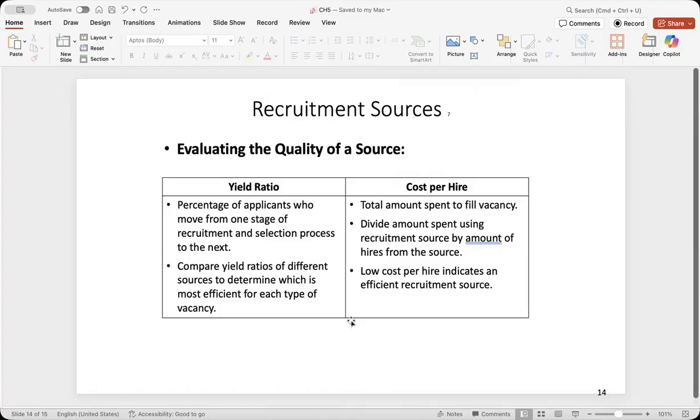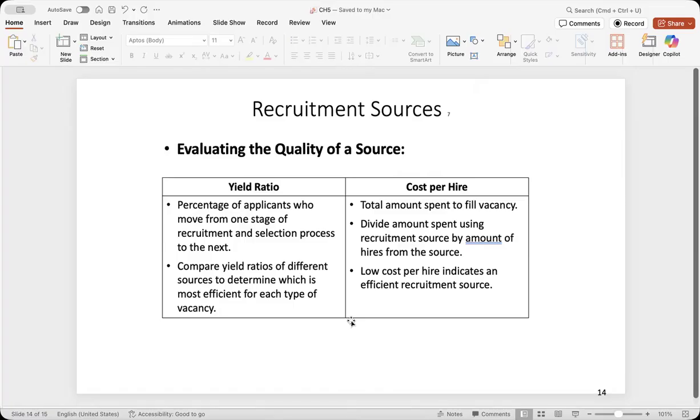How do we evaluate the quality of a source? It's basically the yield ratio and the cost per hire. The yield ratio is the percentage of applicants who move from one stage of the recruitment selection process to the next stage. So from initial resume screen to phone screen, from phone screen to in-person interview, to group department interview, to offer.